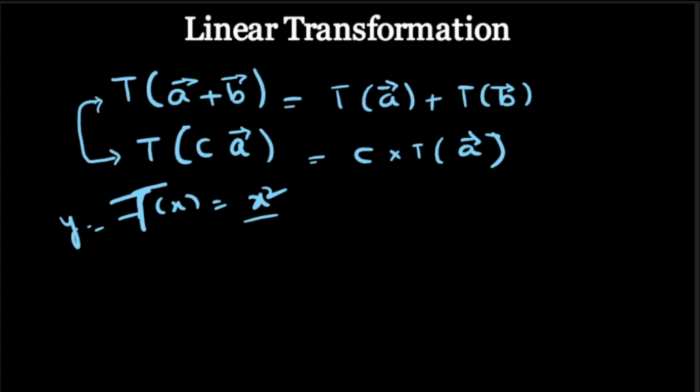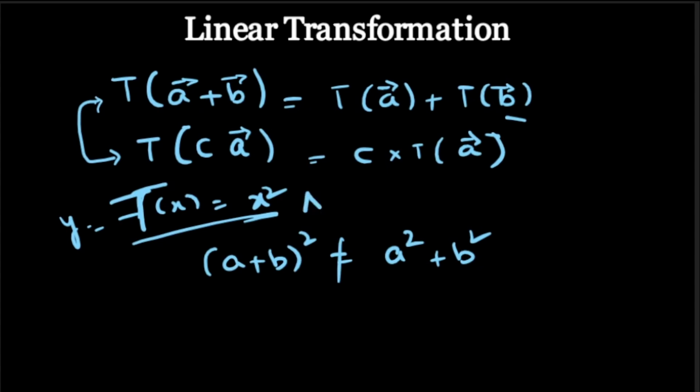Let's put this in the first condition. What this says is a plus b whole square should be equal to a square plus b square, which is not the case. Therefore, the transformation t of x is equal to x square is not a linear transformation.